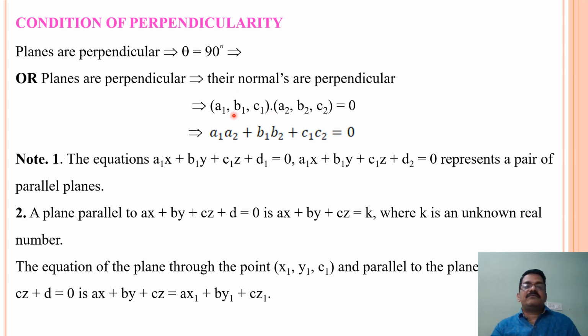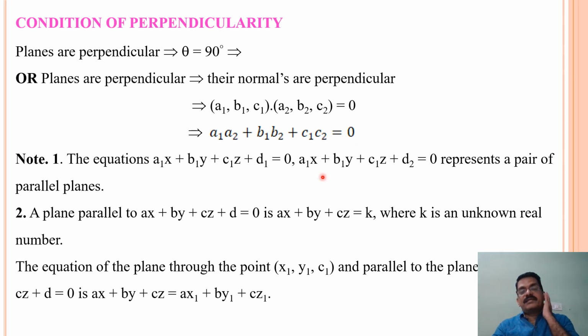That is (A1, B1, C1) dot (A2, B2, C2) is equal to 0. That is A1 A2 plus B1 B2 plus C1 C2 is equal to 0. So if two planes are perpendicular, then A1 A2 plus B1 B2 plus C1 C2 is equal to 0.